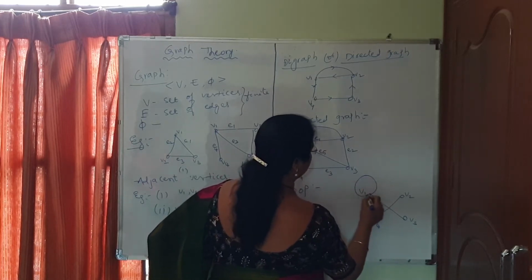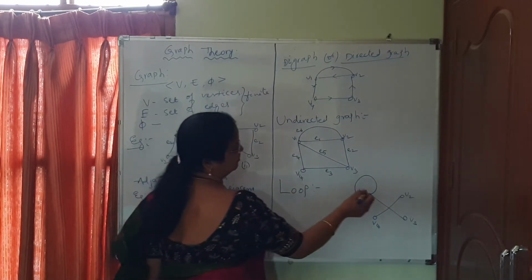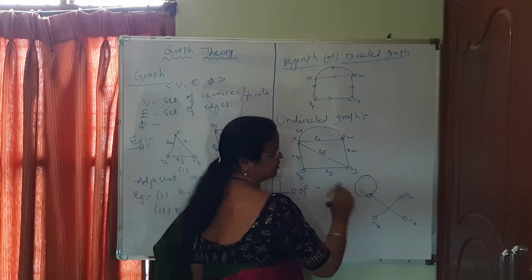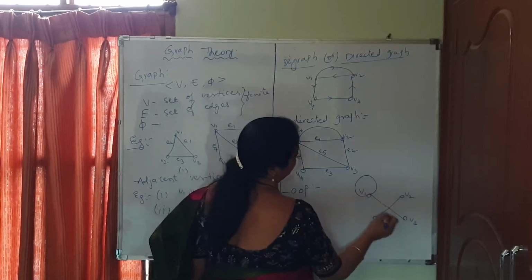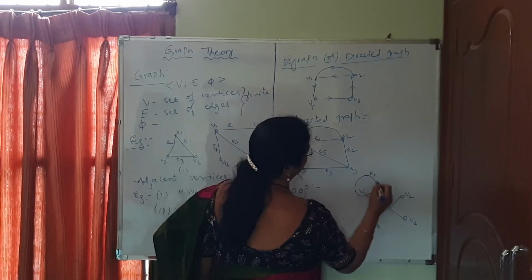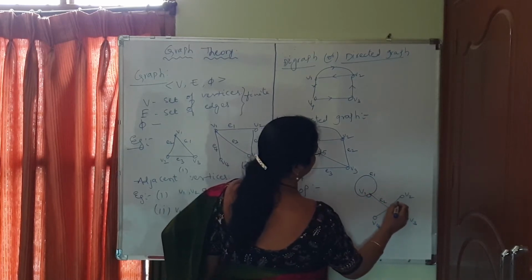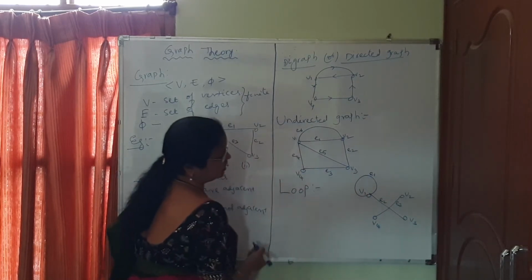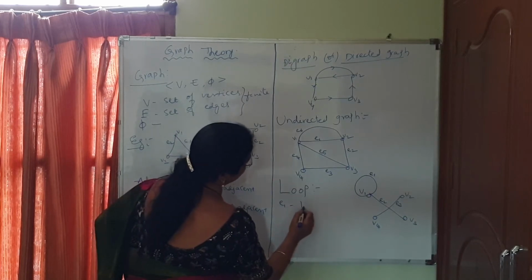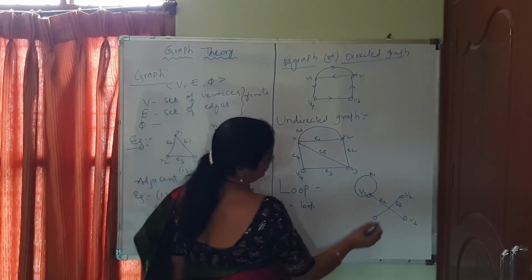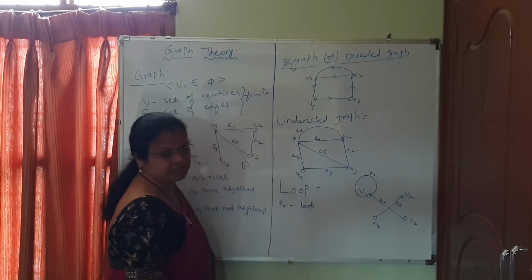Here, if we have an edge from the vertex V1 to the vertex V1 itself, then we call this a loop. Here you can call them E1, E2, E3. E1 is a loop, whereas E2, E3 are edges.